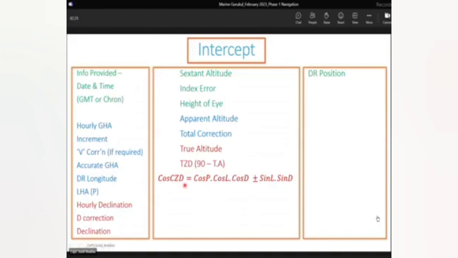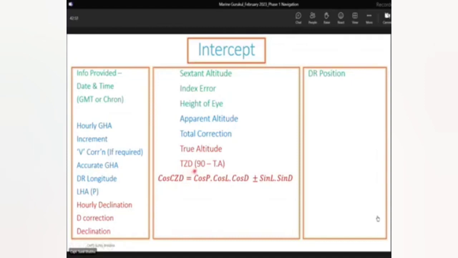Till now we have seen three different zenith distances. One was the true zenith distance, second was the MZD, meridional zenith distance, and this is the third one now, CZD, that is the calculated zenith distance. Now what is the difference between all these three?